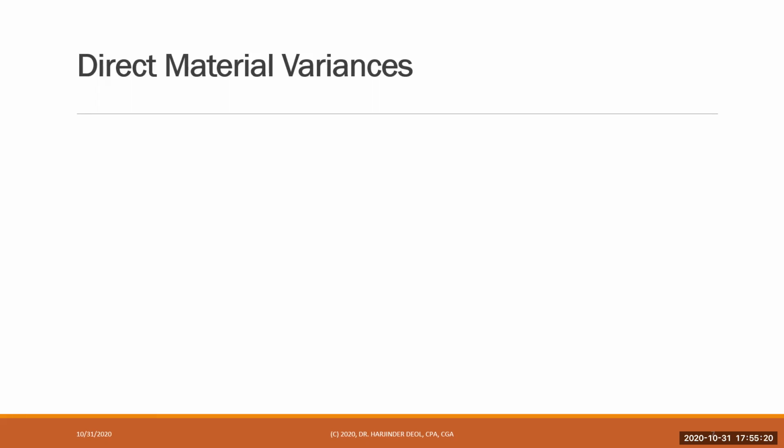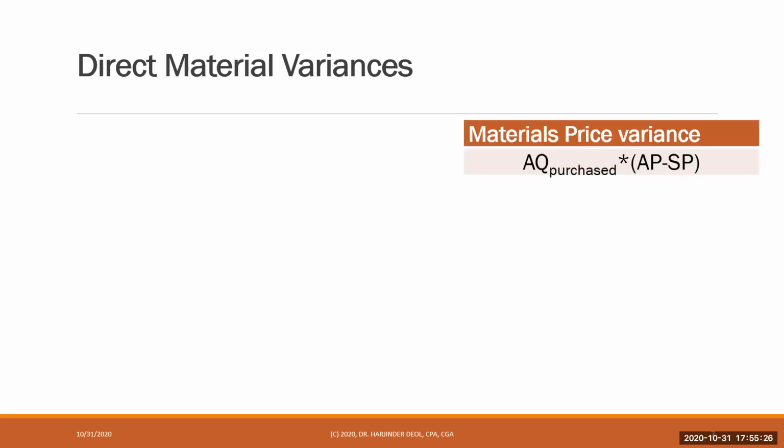Next, we'll talk about direct material variances. There are two variances to be computed. First one is the materials price variance. The calculation of materials price variance is the actual quantity purchased times the difference between actual price, AP, minus standard price, SP.